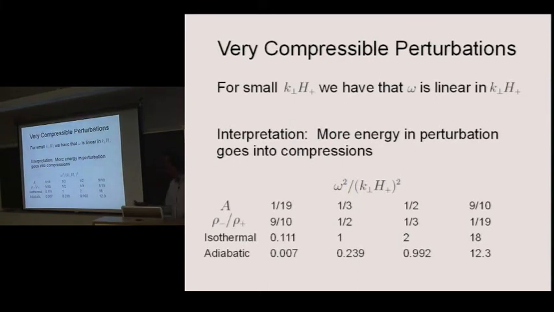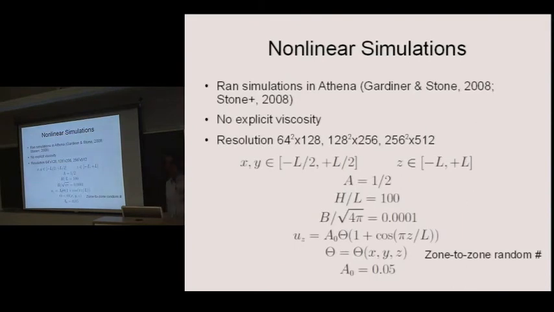And this kind of makes sense. If your background is isothermal, isothermal perturbations are marginally stable. However, adiabatic perturbations on an isothermal background are stable. So you would expect that the isothermal perturbations would have a larger growth rate. Okay. So now I'm done with the linear regime, and I'm going to talk about what happens when you look at the nonlinear regime.